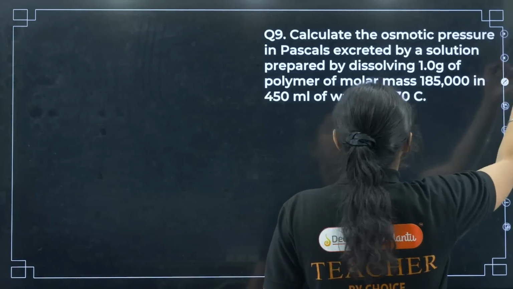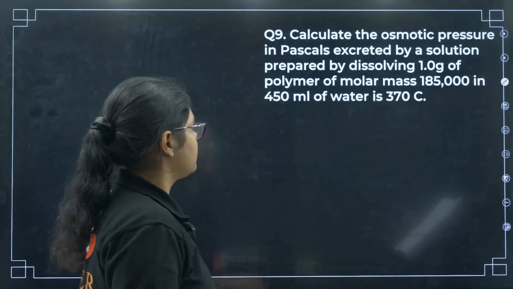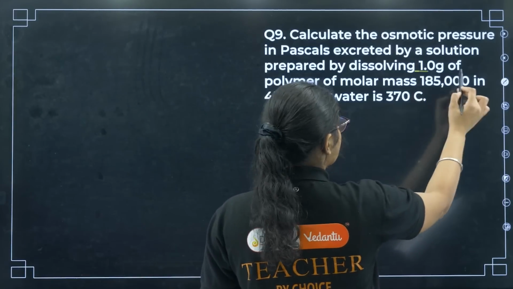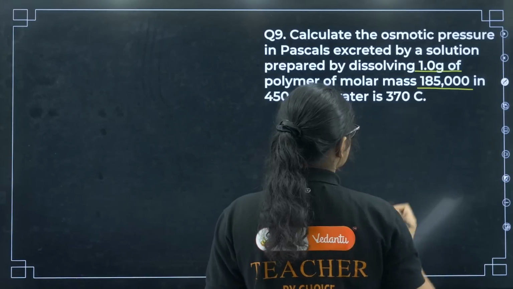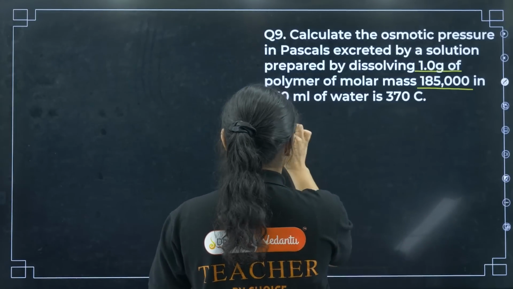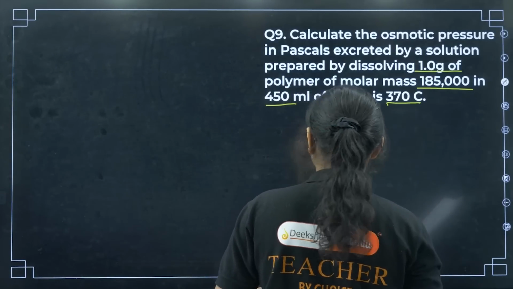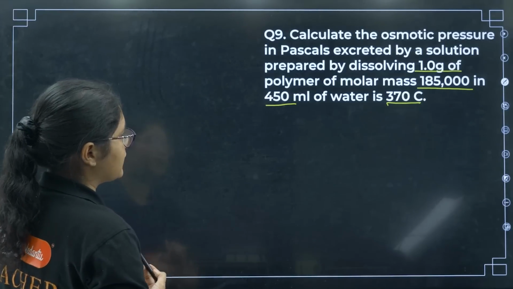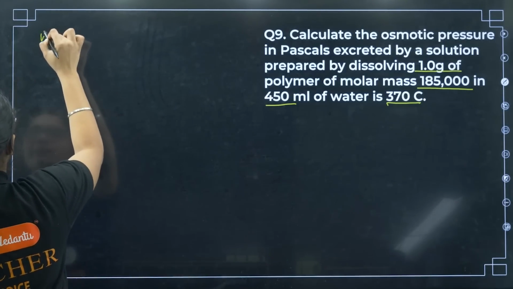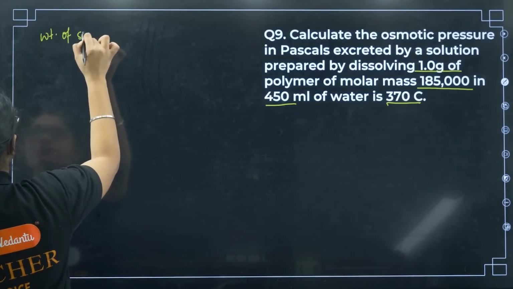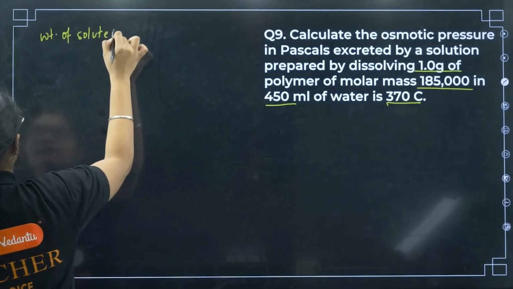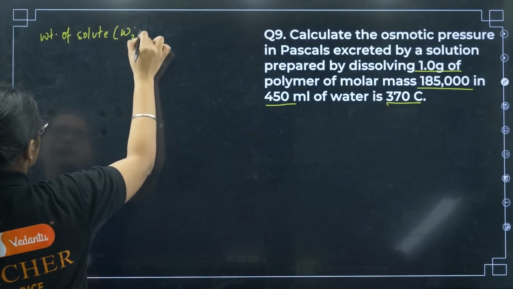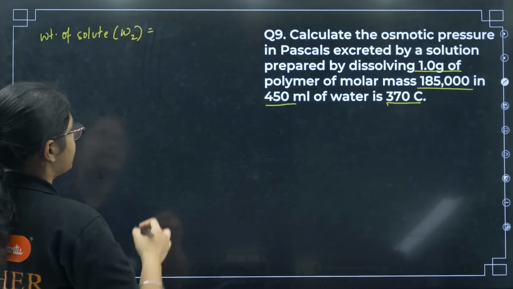Okay, next question: calculate the osmotic pressure in Pascal exerted by a solution prepared by dissolving 1 gram of a polymer of molar mass 1,85,000 in 450 ml of water at 370 degree Celsius. This is a very simple question. So first let us write down the values. I have weight of solute, that is W2, which is equal to 1 gram.